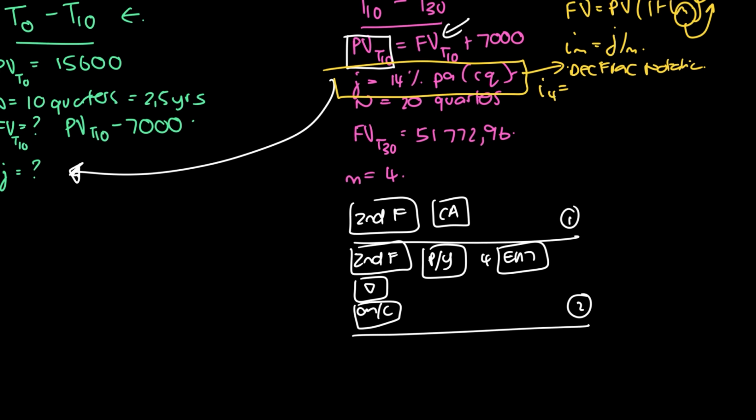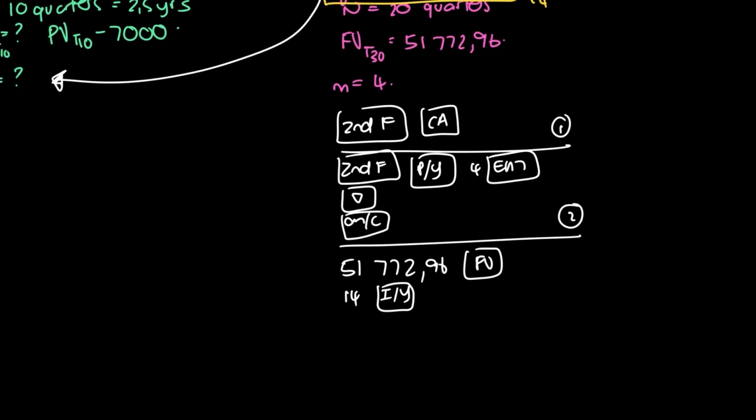We could say, hey, we're going to invest money, so our present value is going to be negative, and that means when we get the money back, it's going to be positive. So let's do it that way. Let's just do the logical approach, like you look at your question and approach it. So that means we have 51,772 Rand and 96 cents future value, 14 I/Y, and 20 N. And that's our stage 3.